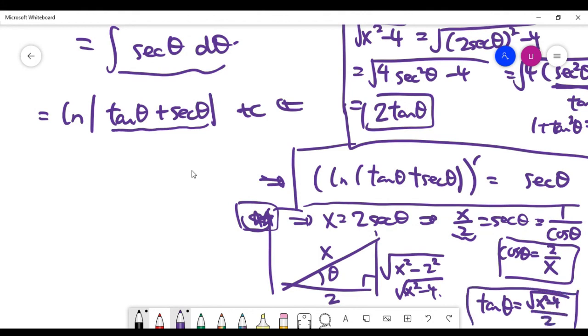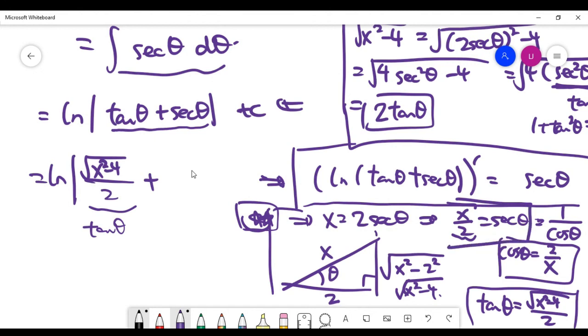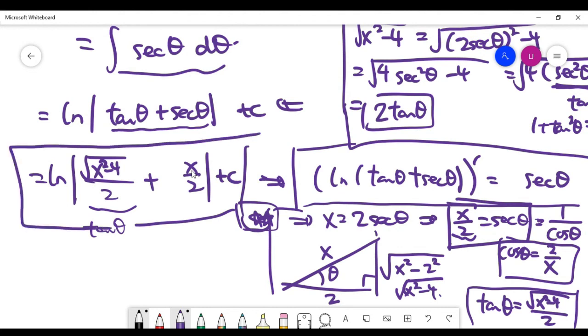So I put it back into our answer: ln of the square root of x squared minus 4 at the top divided by 2, for the tangent theta. The secant theta is easier, because secant theta is just x over 2. So I just put the answer here, and essentially, it is our final answer to this problem.